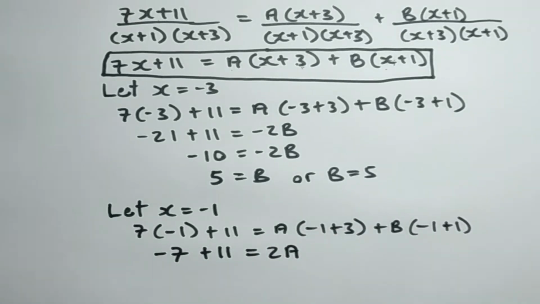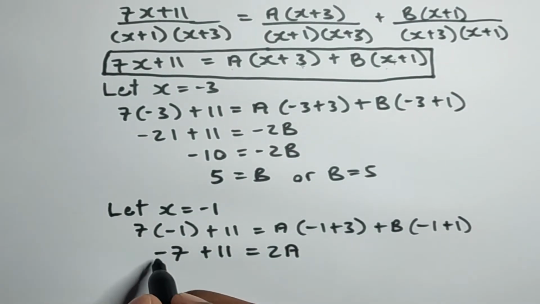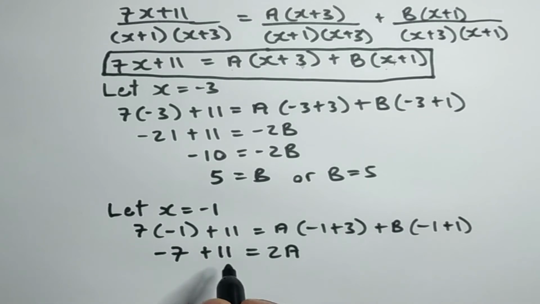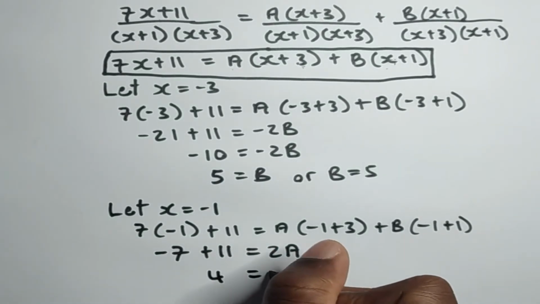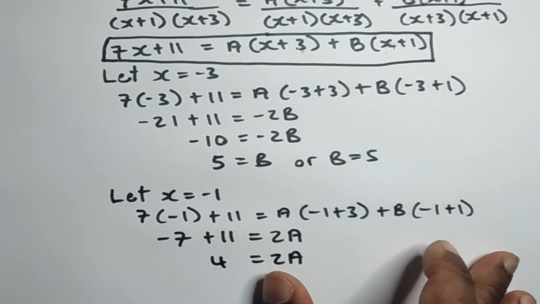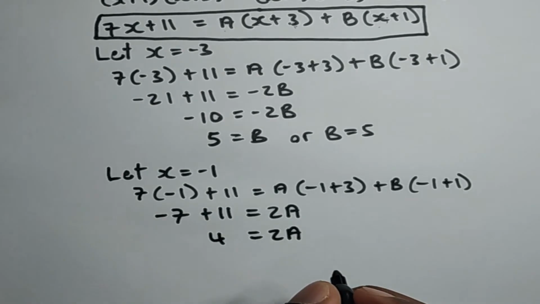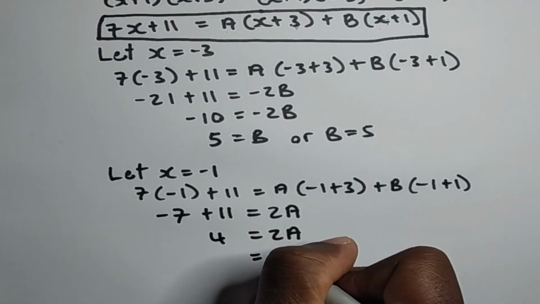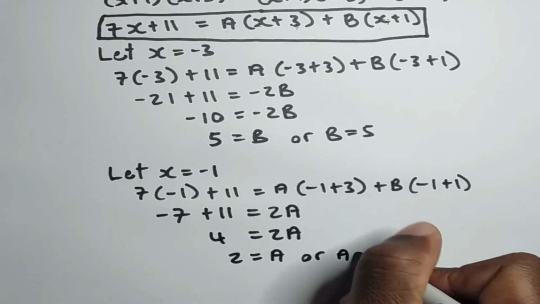Negative 1 plus 1, that's 0. 0 times b would get rid of the b right there. So we'll be left with negative 7 plus 11, that's a positive 4, is equal to 2a. We can now divide both sides by 2, and that gives me a is equal to 2. So my a value is 2.